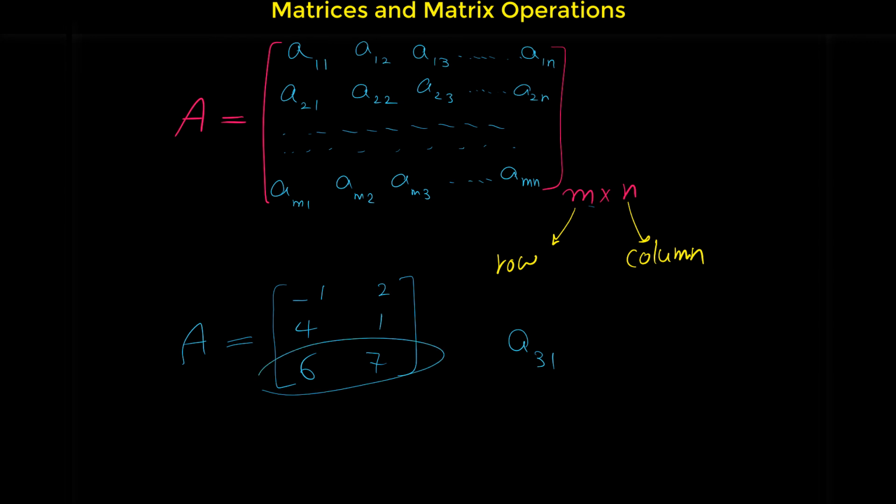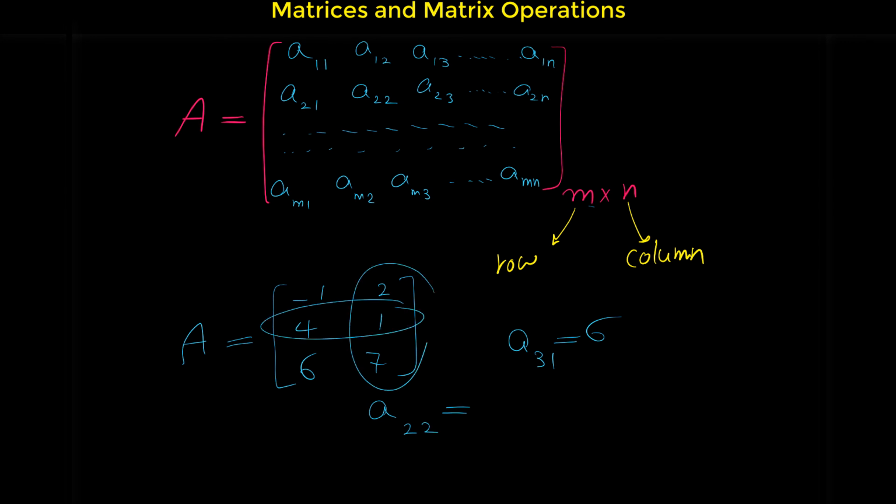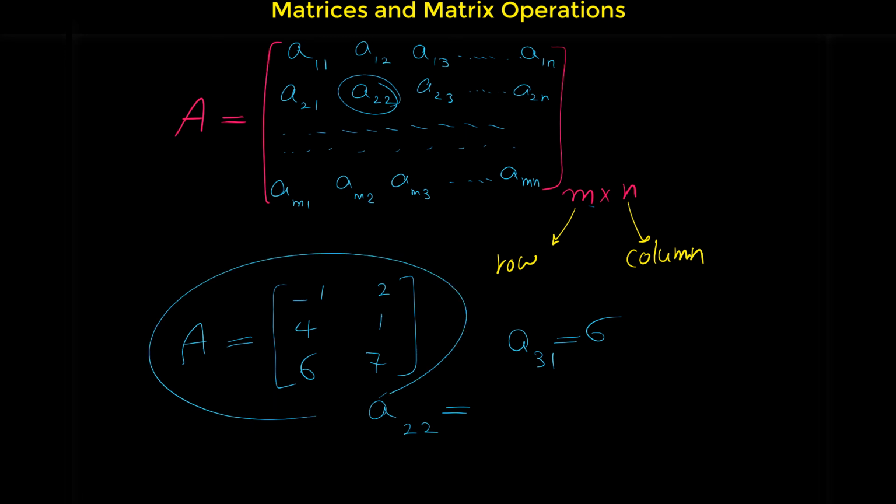Third row, first column. So A31, which we suppose is here, is 6. What is the element in the second row, second column? A22. A22 in this example is 1.